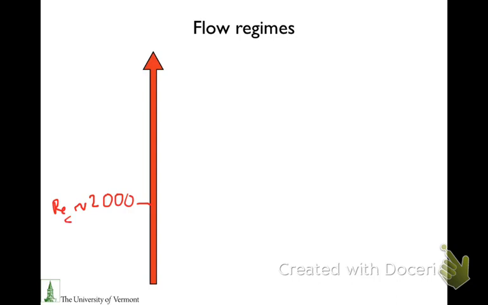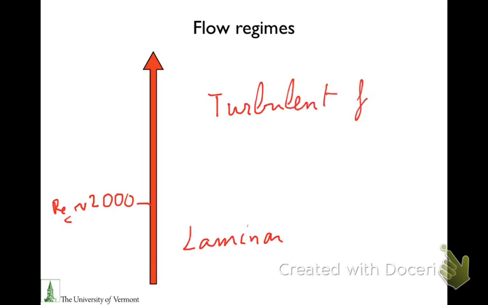Below that, you can expect the flow to be laminar, and above that, you can expect the flow to be turbulent. This is a very simplistic classification of flow, but one that works fairly well for most flows. In fact, most engineering flows will be much larger than 2000 and definitely turbulent.